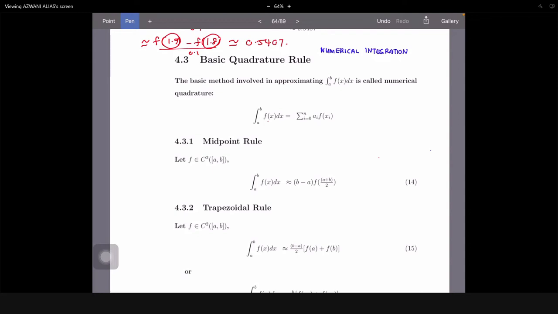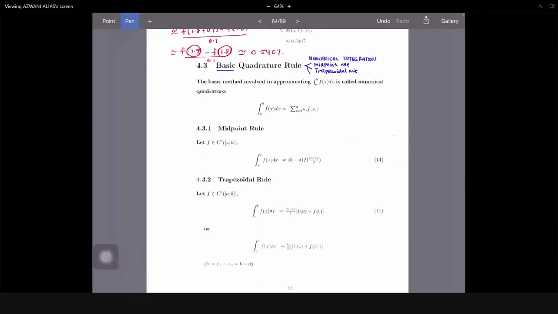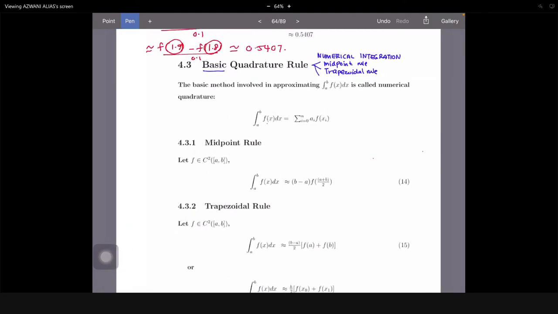Okay. So dalam basic quadrature rule ni kita akan belajar 3 subtopik which is midpoint rule. Kita ada trapezoidal rule. Dan kita ada apa lagi?